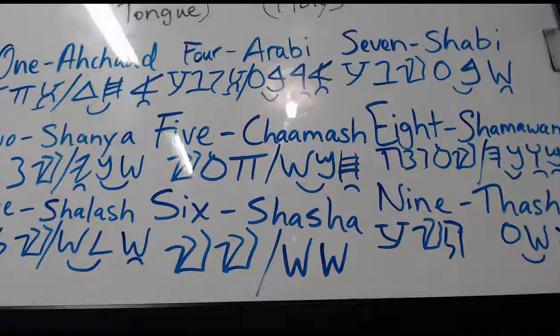Let me know when y'all have all these down. Brother asks, what would be 0? We don't have a word for 0. I'd have to check. I don't have a word for 0. We may have a word for it, but I don't have one in my notes.